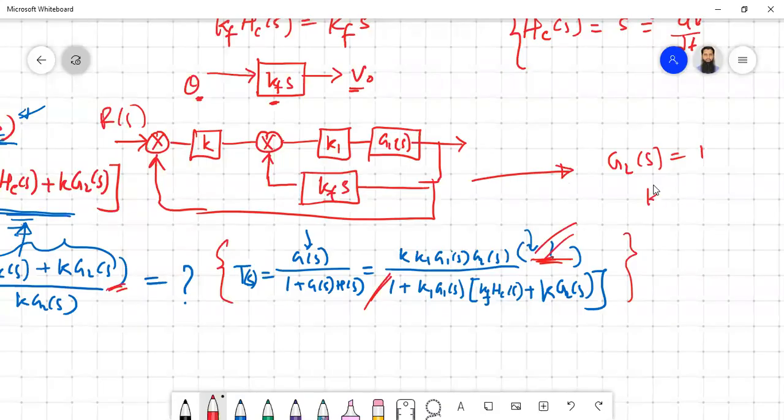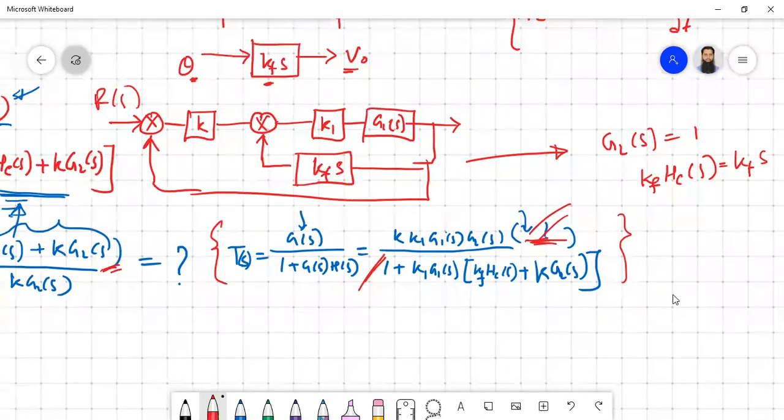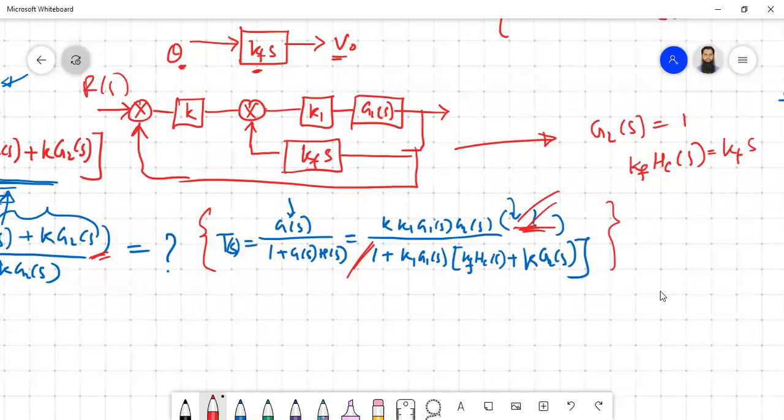That means your KfHc(s) equals Kfs. If you try to figure out what should be the value of G(s)H(s) from this one, then you can see that G(s)H(s) will be K1G1(s) from the generic equation that we derived previously.